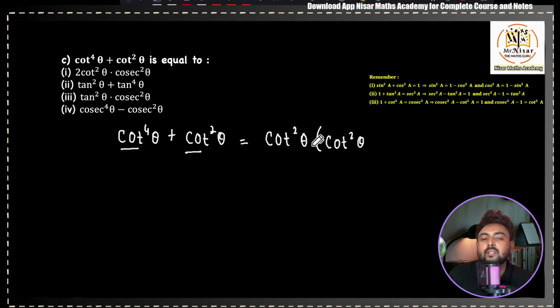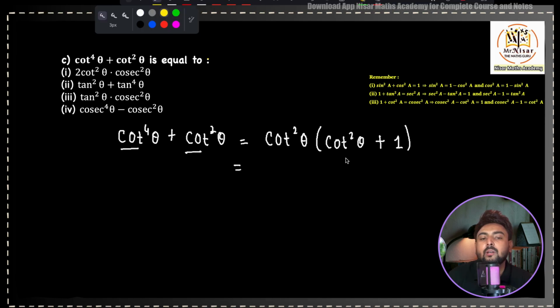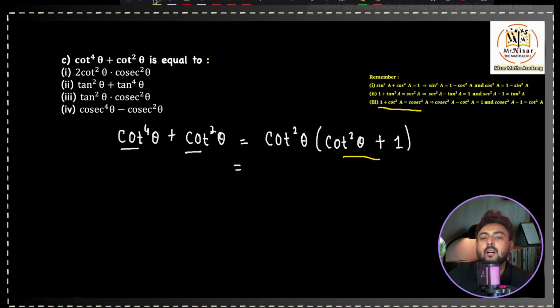Cot square theta into cot square theta becomes cot to the power 4 theta. Plus, now this cot square theta we have written outside, that we have taken common. So what is remaining here? 1. In the bracket we have cot square theta plus 1, and you are aware that 1 plus cot square theta becomes cosec square theta, that we have studied in the identity.